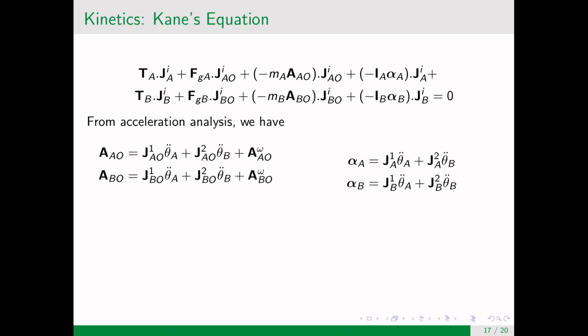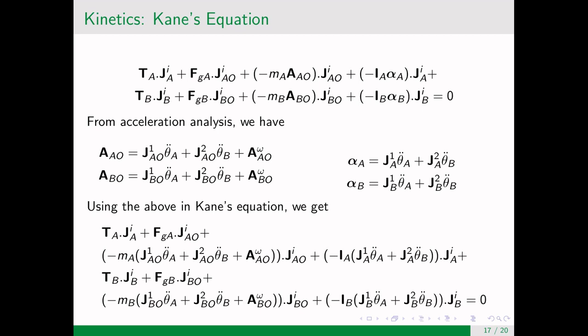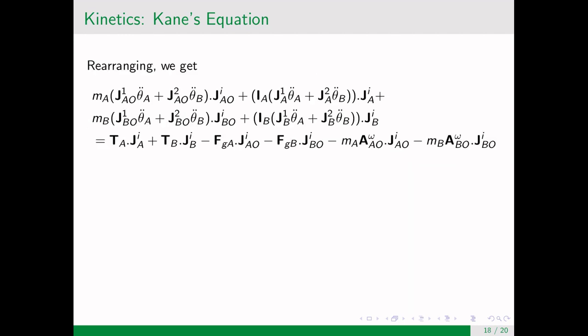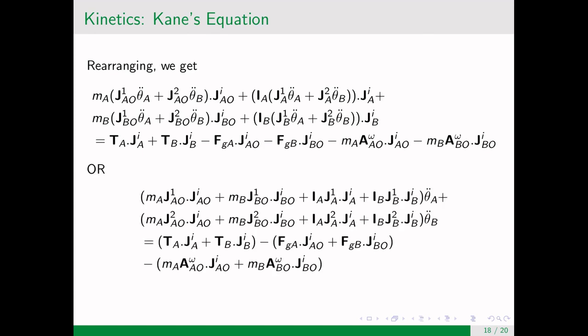Okay, so now again, if we substitute the accelerations and alphas in the Kane's equation, we get this, and rearranging and identifying the unknowns, which is basically theta a double dot and theta b double dot, we get, okay, again we are rearranging the terms, taking out theta a double dot, theta b double dot.